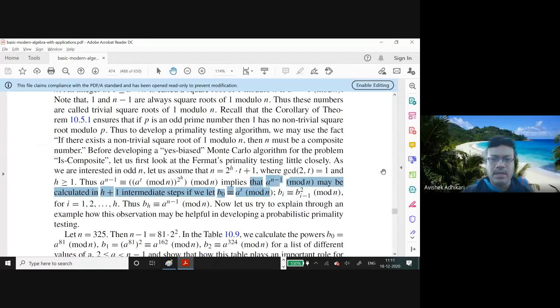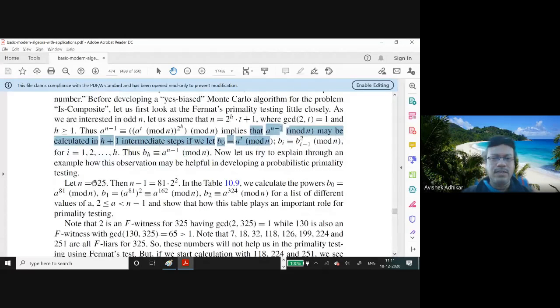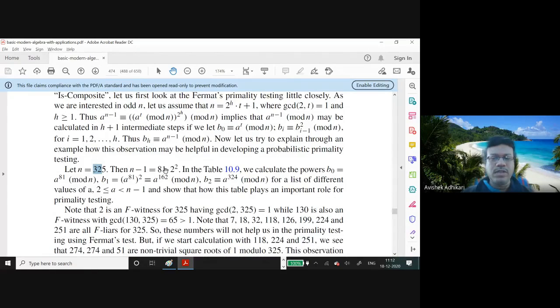Okay, so the idea is like this. Suppose n is 325, so n minus 1 is nothing but 81 into 2 squared. So this is your t. Suppose you want to calculate a to the power 324. Here t is 81, so start with a to the power 81 modulo n, that is your b0 value.